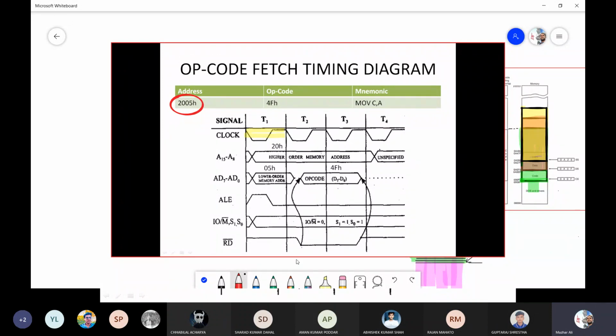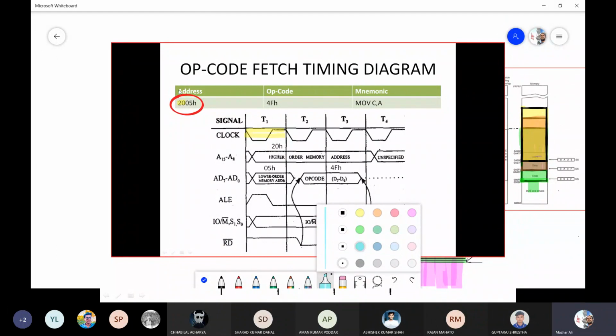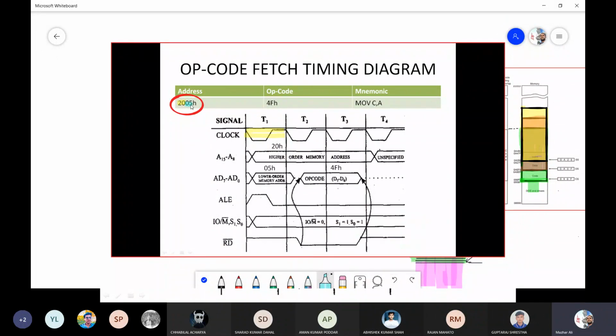And the higher part of this address, let us say this is the higher byte, I will highlight this yellow, and this is the lower byte, which I am coloring blue. So 20 is the higher byte, 05 is the lower byte, and that's why the memory address is a 16-bit address.